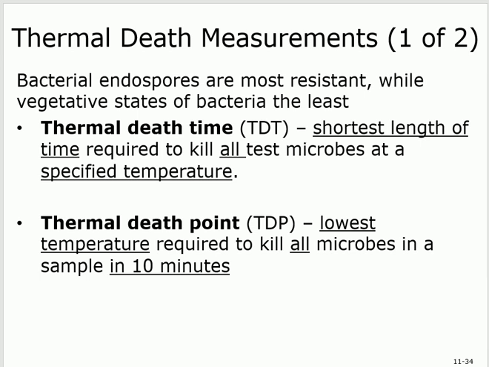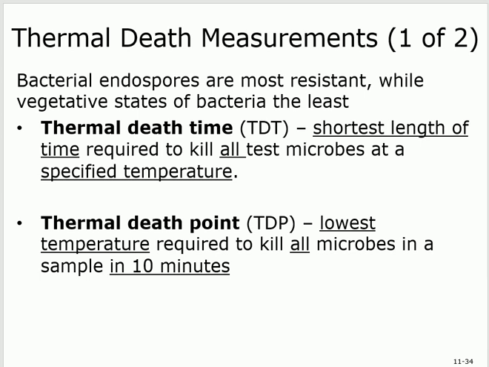Endospores are the most resistant. Vegetative states of bacteria and fungus are the least resistant. Right? So if you wanted to kill all microbes at a specific temperature, the shortest length of time is called the thermal death time.